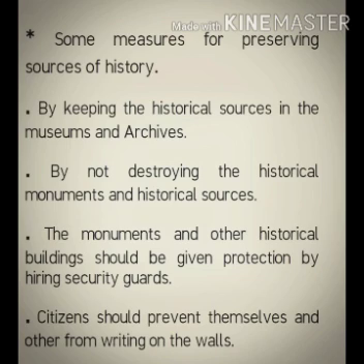The monuments and other historical buildings should be given protection by hiring security guards. Citizens should prevent themselves and others from writing on the walls. We must prevent ourselves and others from scribbling on the walls of historical monuments. Preserving these historical sources is important, through which the rich tradition of Indian history can be handed over to the next generation.